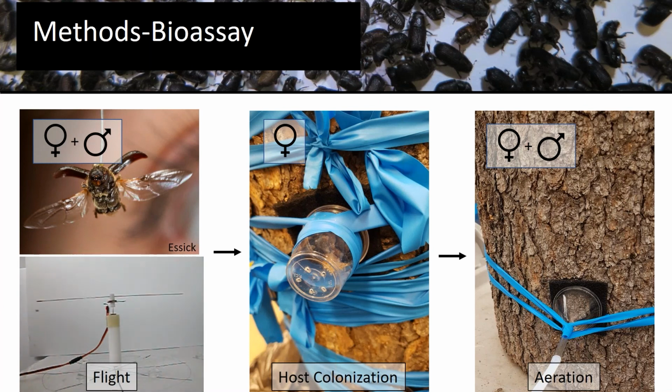For the beetle pairs that entered the host bolts, female and male pheromone production was assessed by aeration of beetles that established in the host material. These volatiles released by the beetles were captured on PORAPAK Q and then extracted for analysis by GC mass spec.